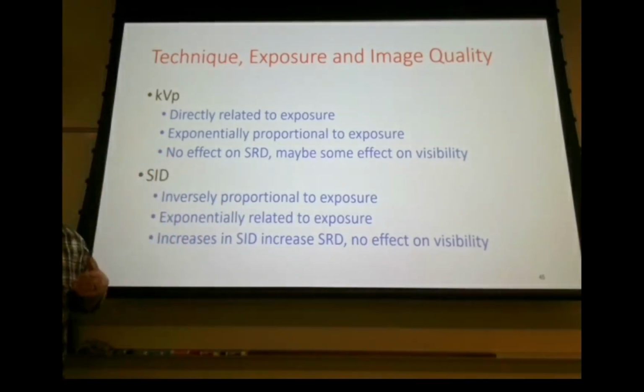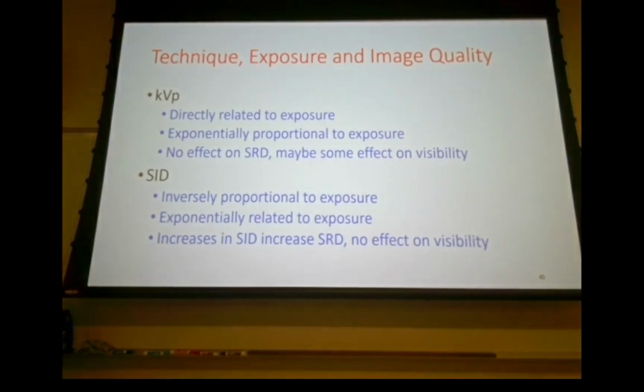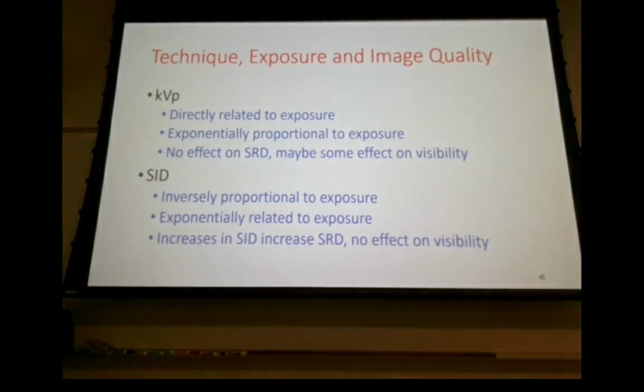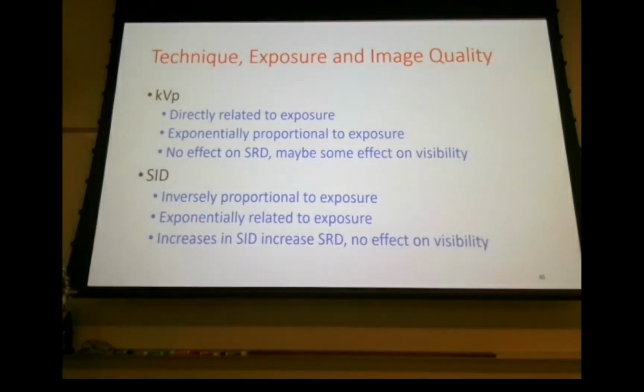So it has no effect on sharpness or recorded detail. Sharpness or recorded detail are your geometric factors: focal spot size, angulations, your OID, your SID. Those things are going to affect your actual sharpness or recorded detail.